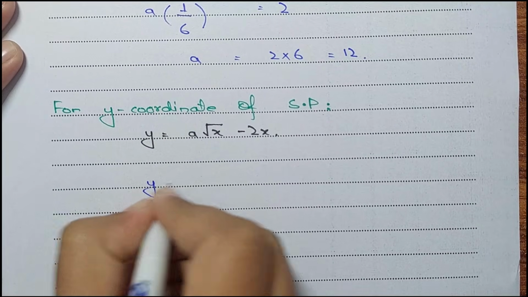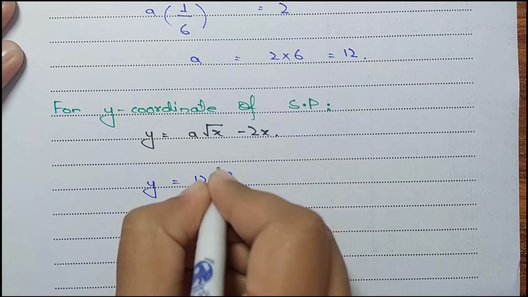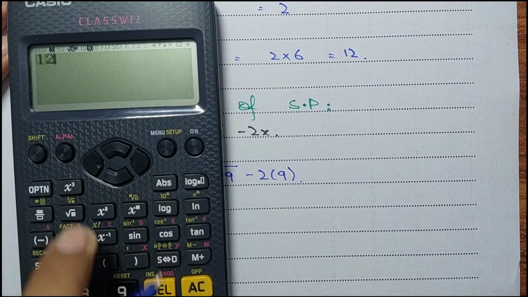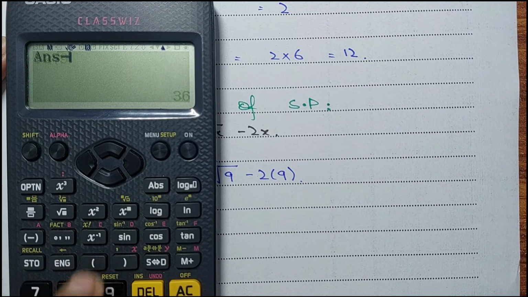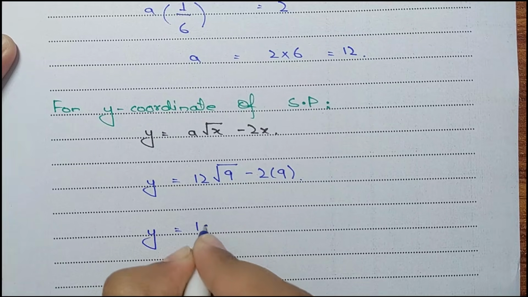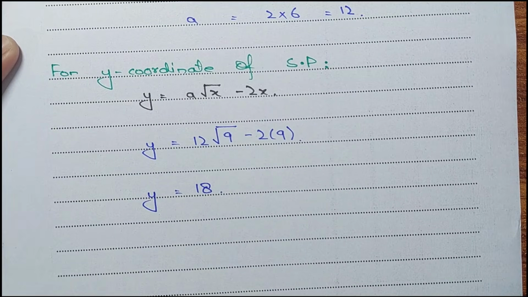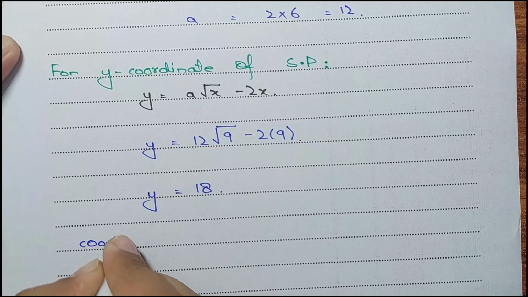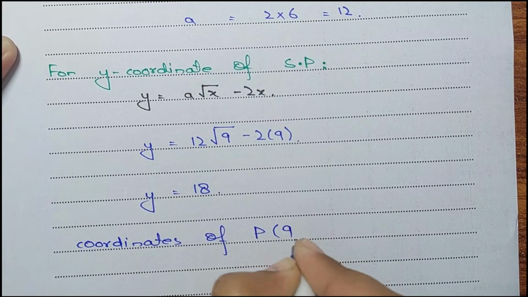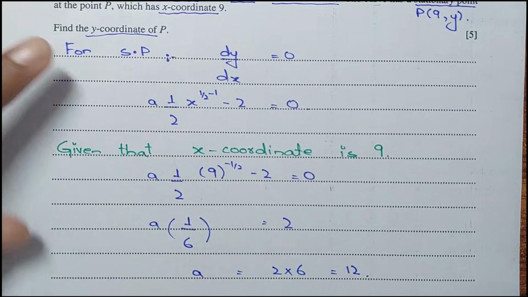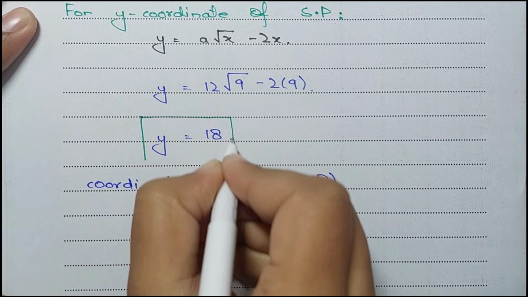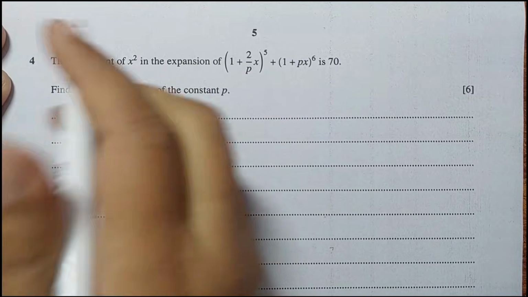So y equals 12 root 9 minus 2 into 9. 12 root 9 minus 2 times 9 gives 18. The y coordinate is 18. So now we have the coordinates of the stationary point. Coordinates of P are (9, 18). But in the question, we just need the y coordinate of the point P, and that y coordinate is 18.